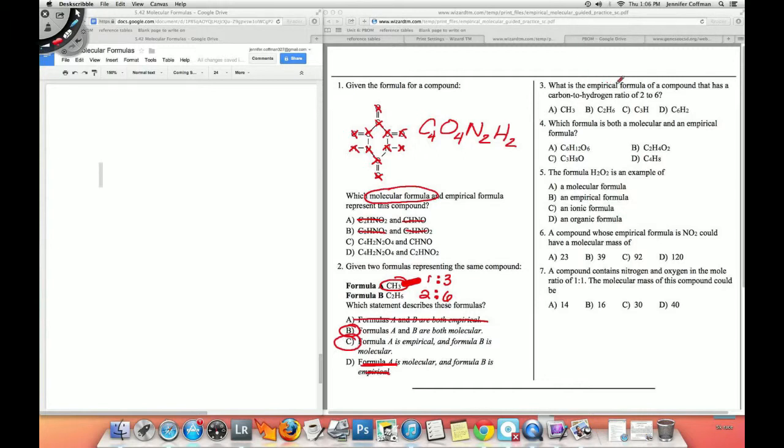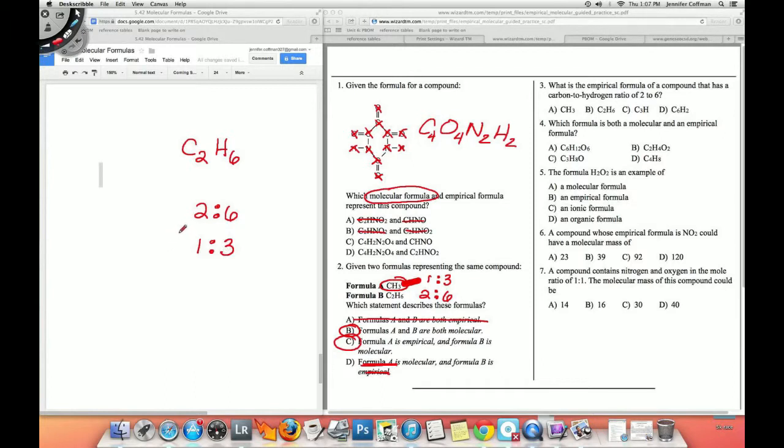Number 3. What is the empirical formula of a compound that has a carbon to hydrogen ratio of 2 to 6? So carbon is 2, hydrogen is 6. I didn't even read the answer choices yet, but I want an empirical formula where the ratio is 2 to 6. Well, 2 is to 6 is the same as 1 is to 3.